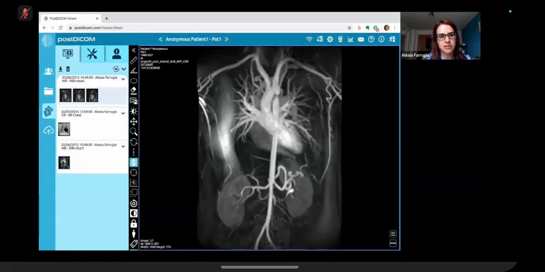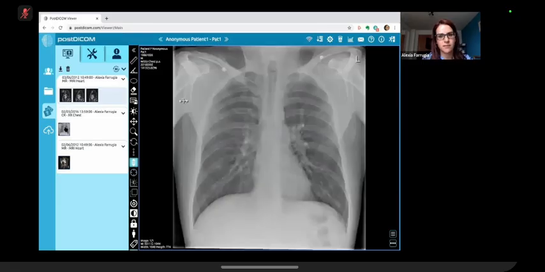So this patient had stent placement because they tried to angioplasty the stenotic segment, but it failed. So he had to have stent placement. And this is the chest X-ray post-op.